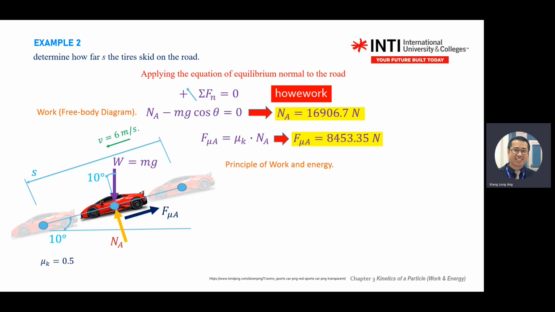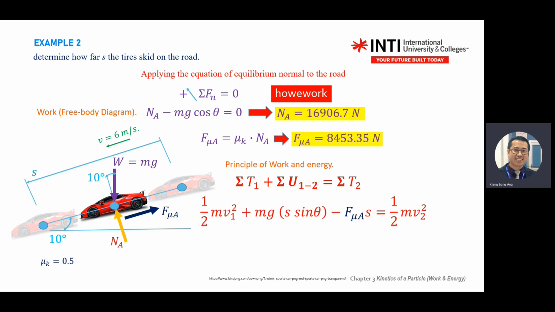Or you can rearrange: on the left hand side is kinetic energy before plus work, equal to kinetic energy after. So you have this equation. This will give you 2 marks in your question by writing this alone, with the summation.